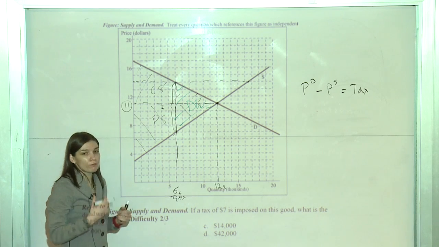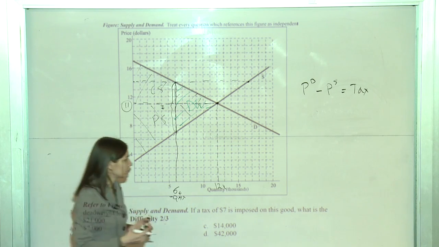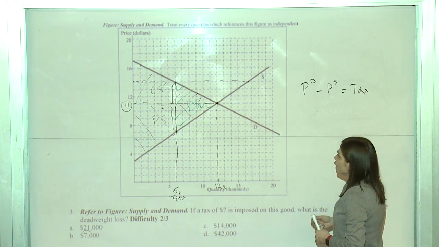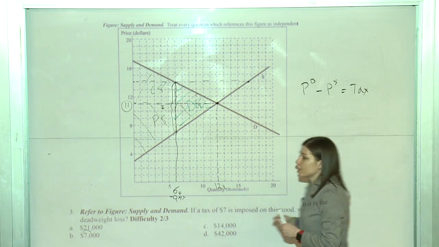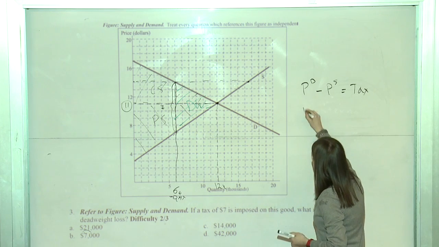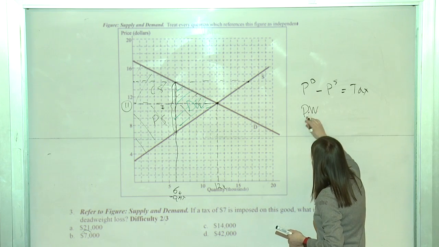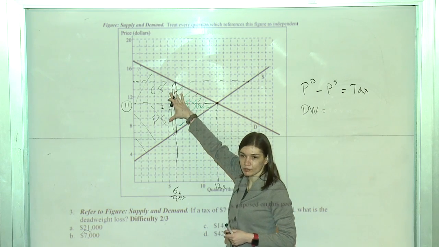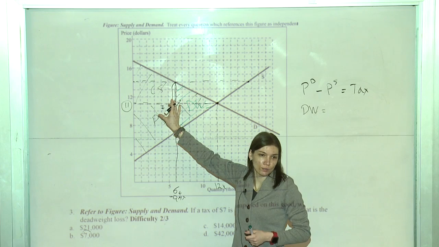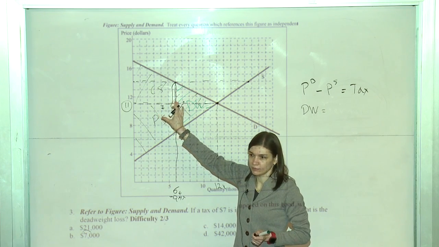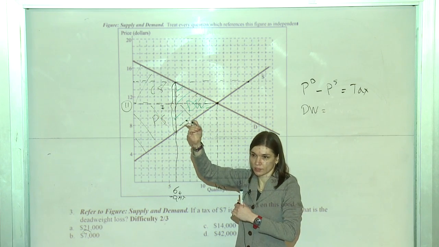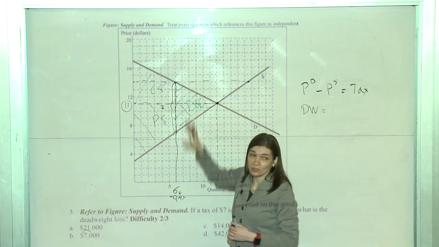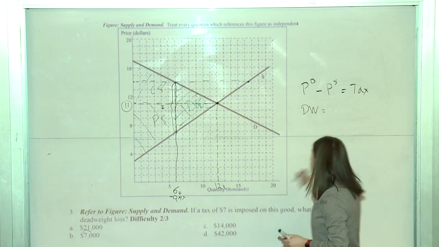Okay, so in terms of a formula, a theoretical way to calculate the deadweight loss, let's look at what the area of this triangle entails. So deadweight loss is always going to be, first of all, the base of this triangle is always going to be the tax amount, because it's the difference between the price of the demand curve and the price of the supply curve. So the base of this triangle is always going to be the tax.